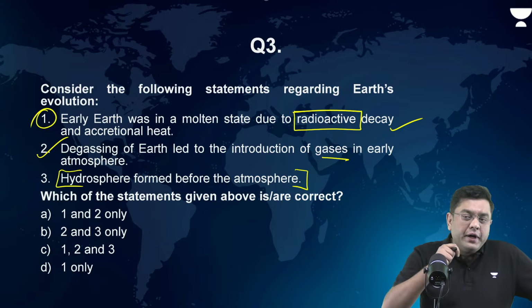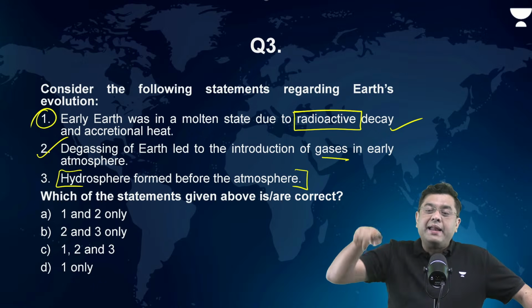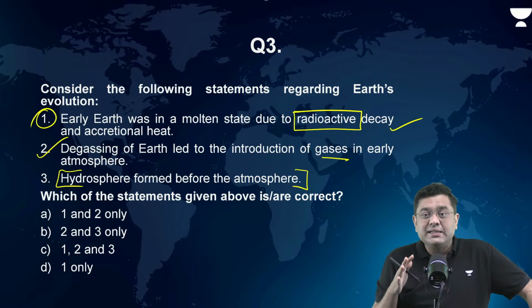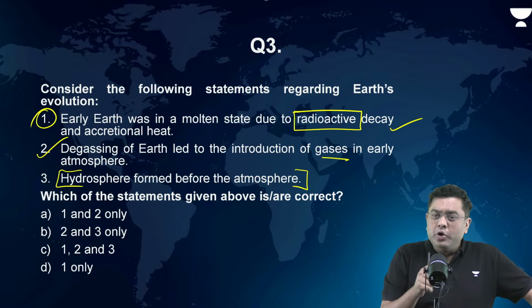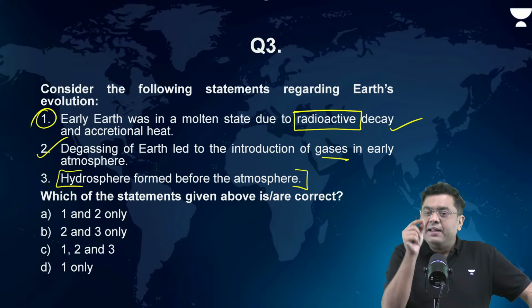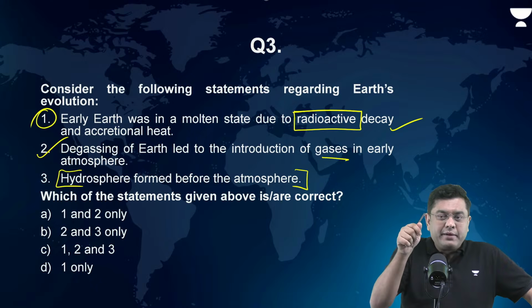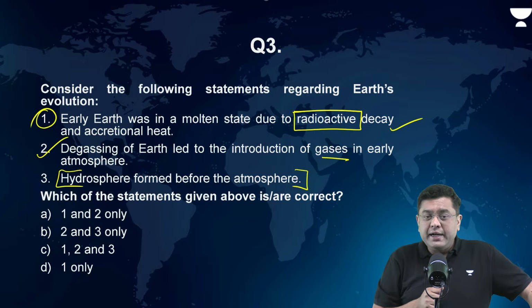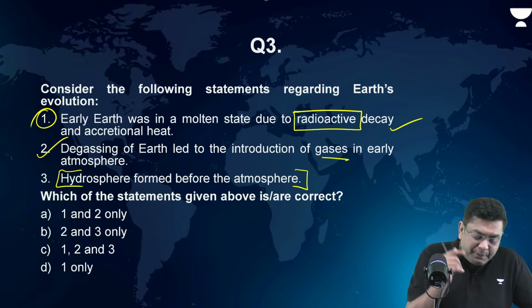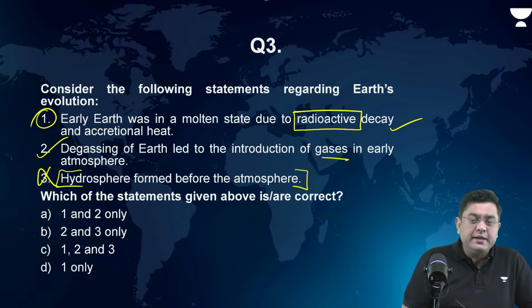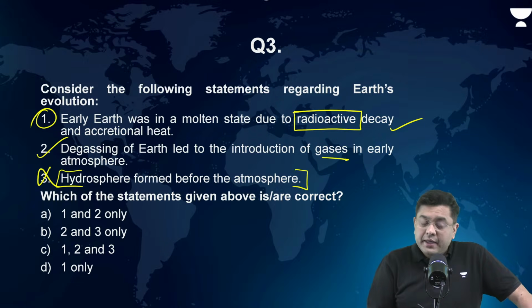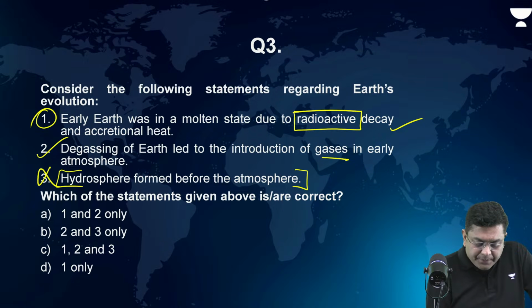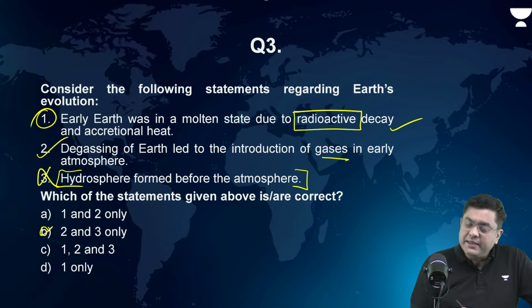But atmosphere was present even when planet Earth was a molten object. At that point of time also, you basically had the presence of a primordial atmosphere or a primitive atmosphere consisting of hydrogen and helium. So that basically means the third statement will be incorrect. Now I know 3 is incorrect, so this statement is eliminated.